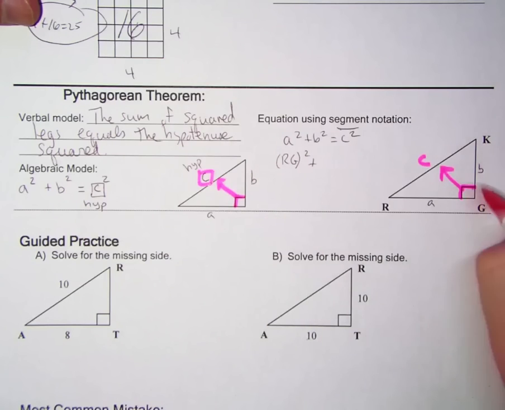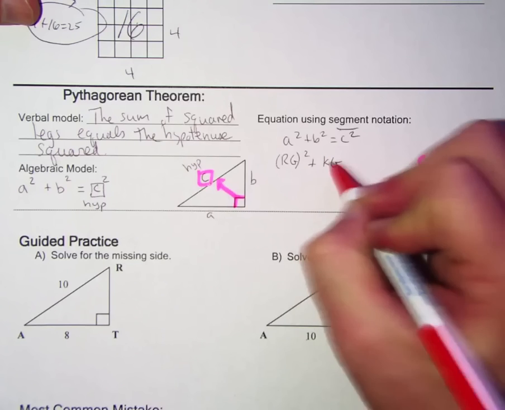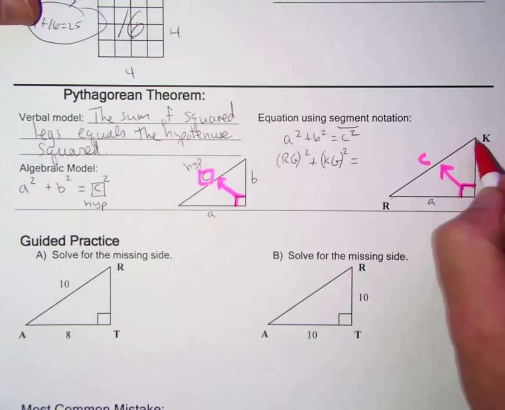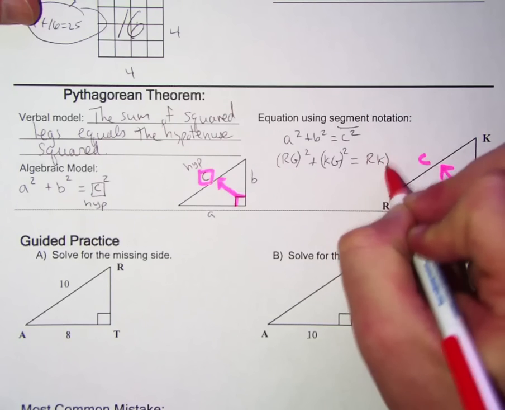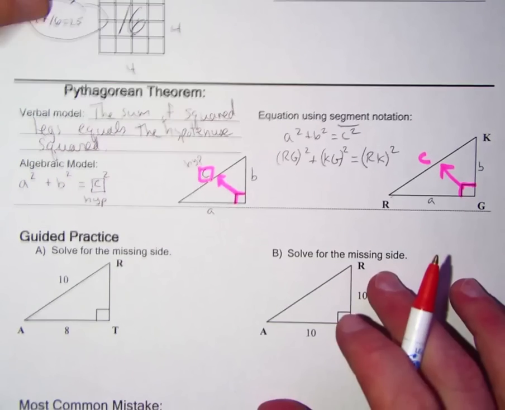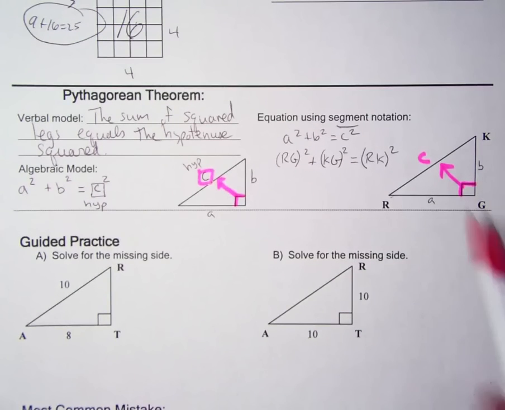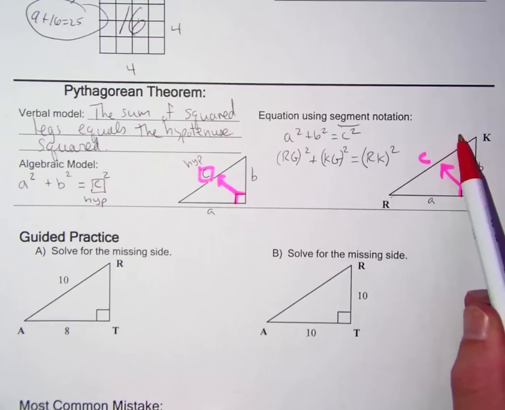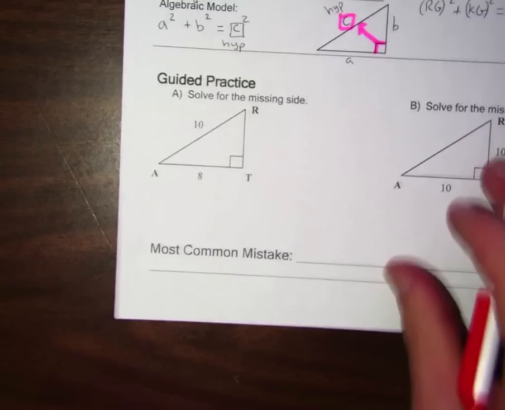B is KG, distance from K to G squared, is equal to RK squared. Okay, so let's take this idea that the sum of the squared legs always equals the hypotenuse squared, and let's apply it.